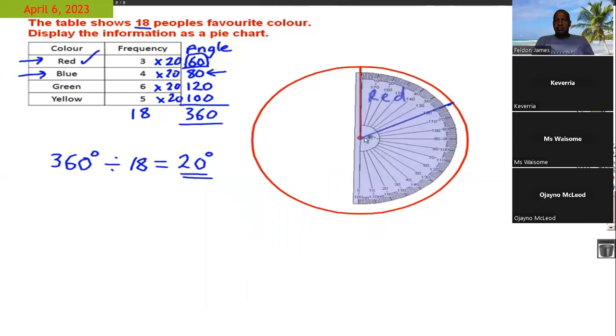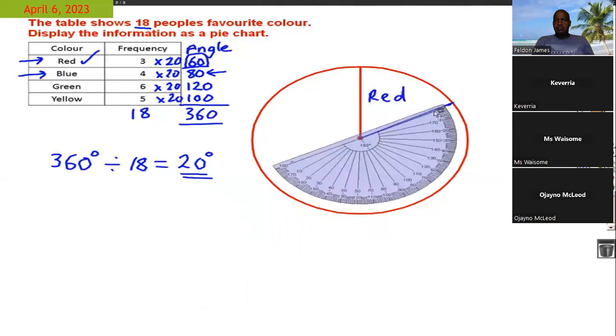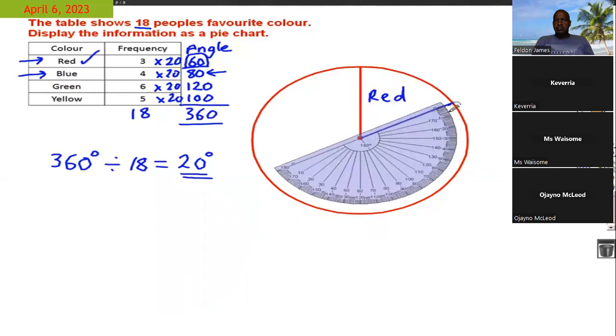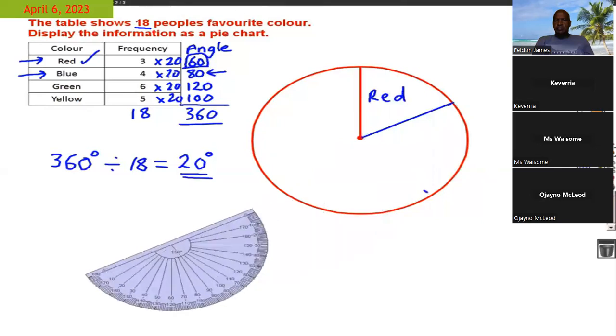So that the middle bit that section, right?